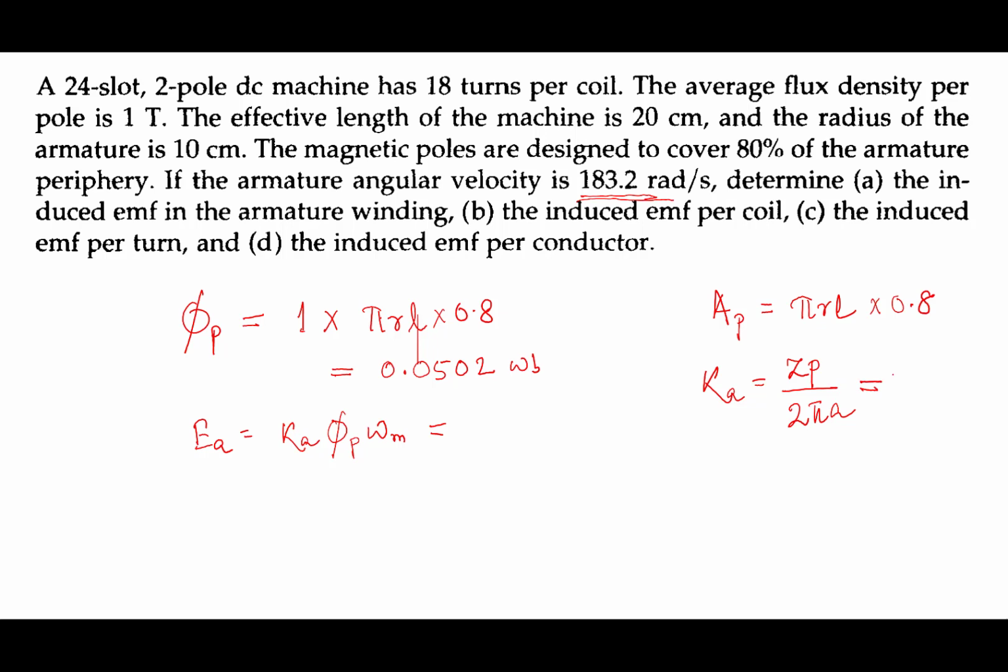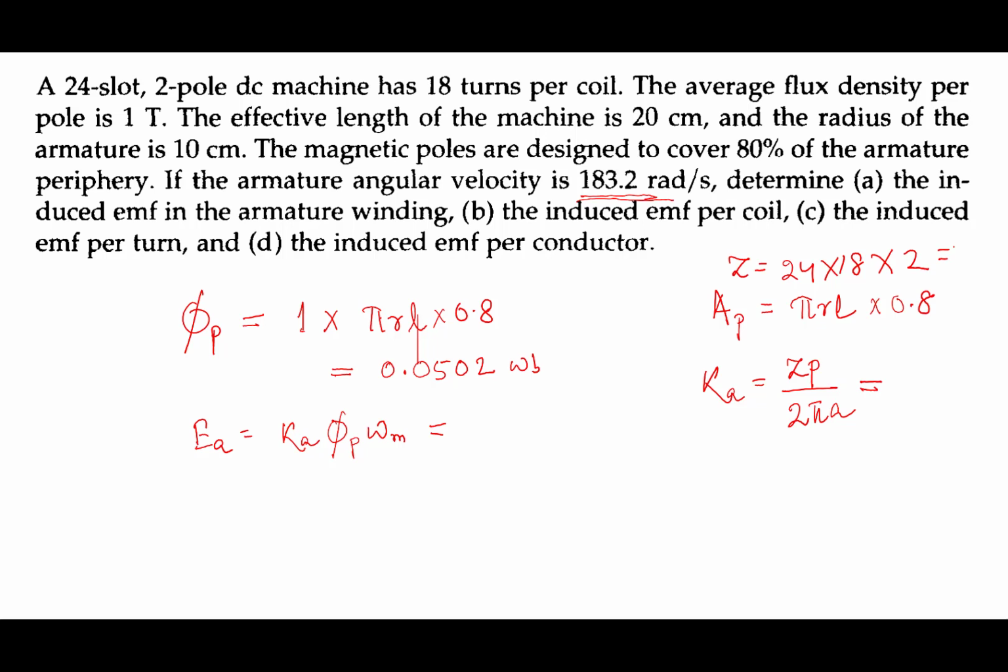First tell me K. What is the value of Z? You have to find. P already know. P is equal to 2. Z equal to how much? Can you tell? 24 coils, 18 turns. So 24 into 18 into 2. It is number of Z, the number of conductors.